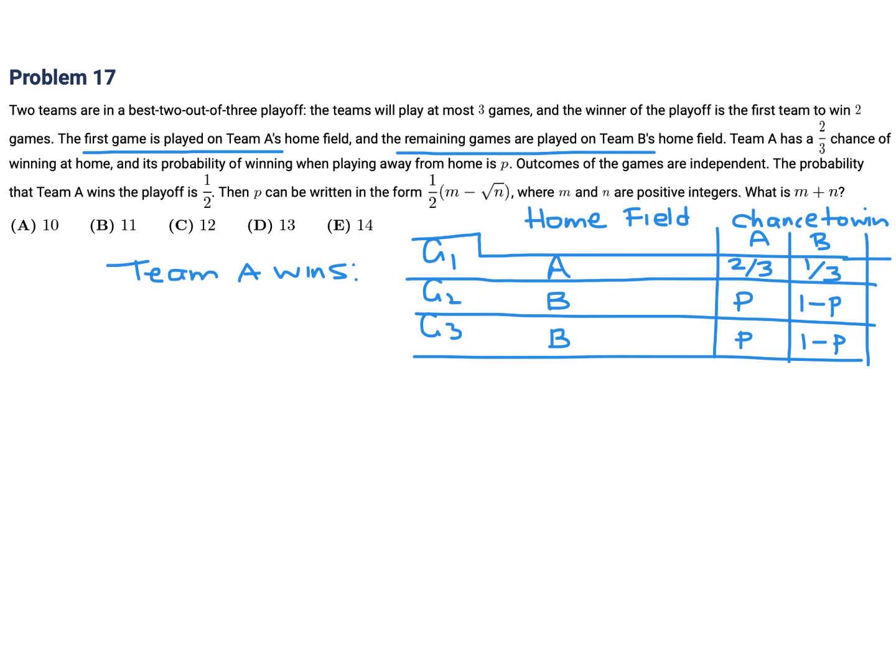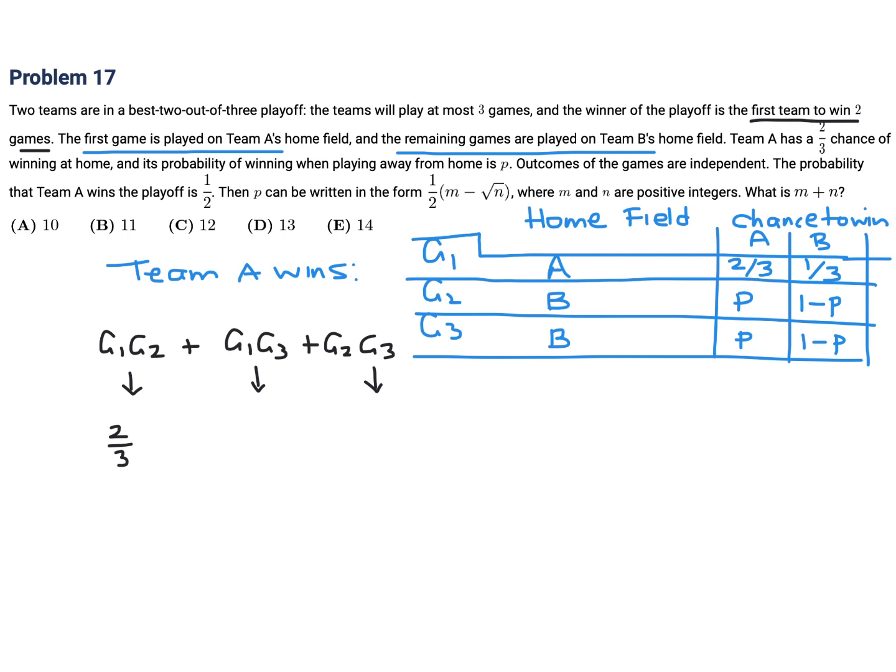All right, well, team A wins in a few scenarios. The way this is structured is the first team to win 2 games. So you can either have a situation where team A wins the first 2 games, G1, G2, or it wins G1 and then G3, or it wins G2 and G3. So for each of these, there's going to be a probability, and then we add them up. Okay, G1, G2: if it wins G1, that's 2/3.